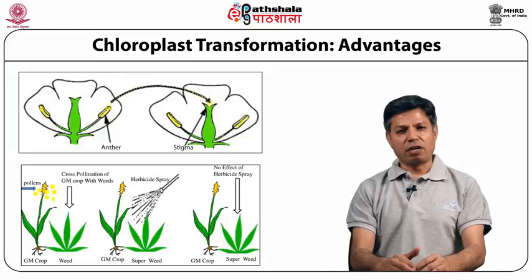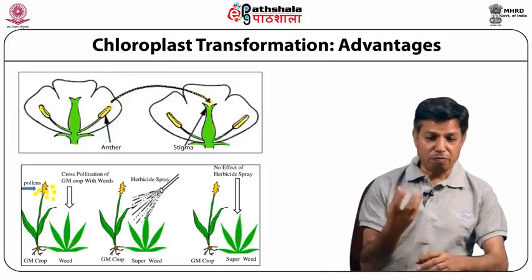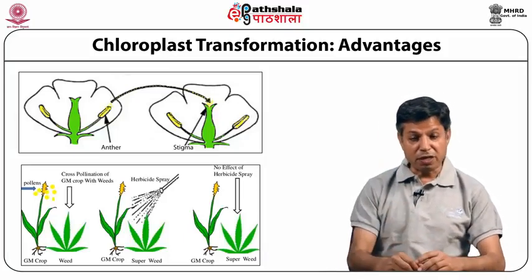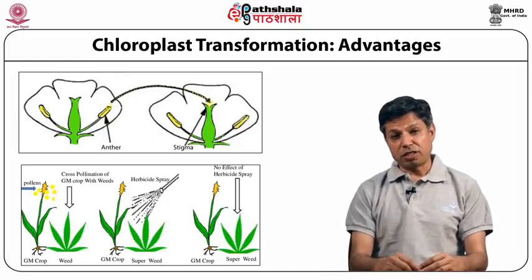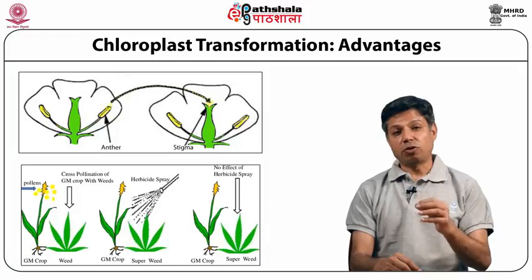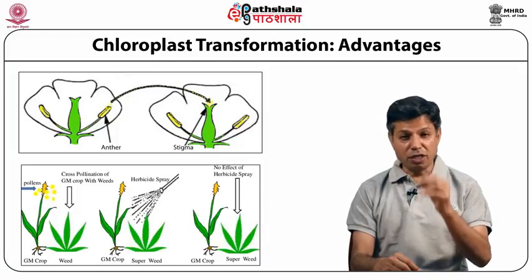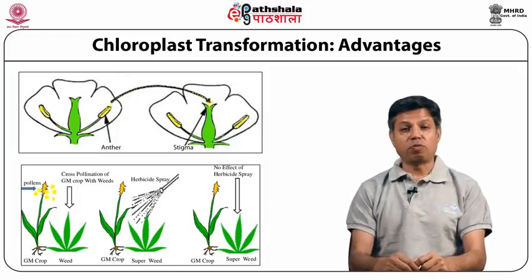Chloroplast transformation advantages. The big advantage of chloroplast transformation is that genes do not escape from one plant to another, as they do with nuclear genomes. In mature pollen the nuclear genome is present, but in the case of chloroplast transformation, there is no mature chloroplast organelle or gene in the mature pollen.